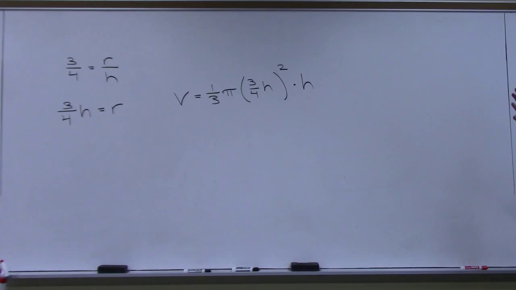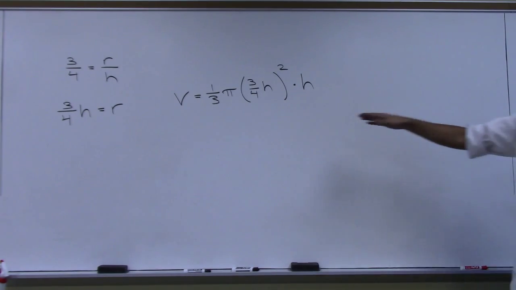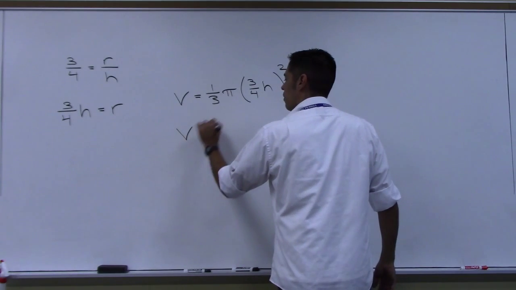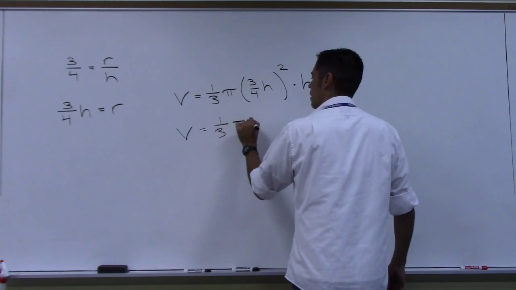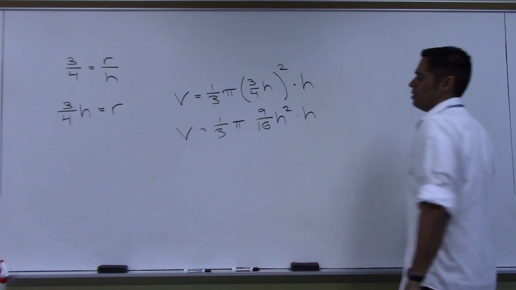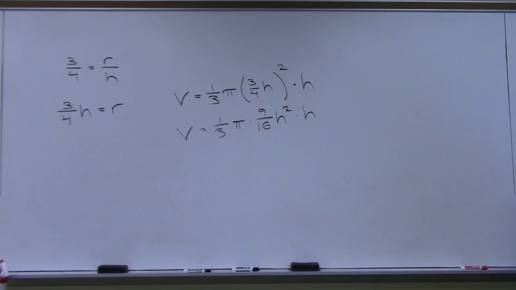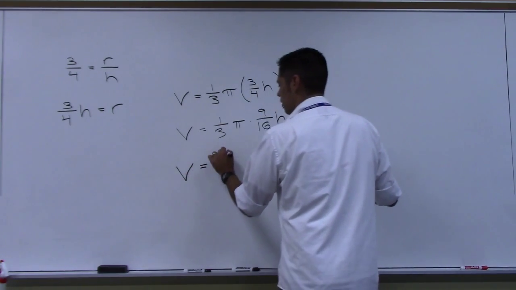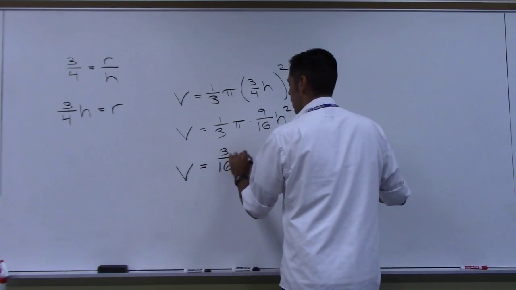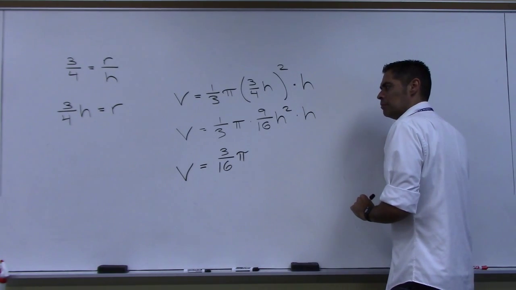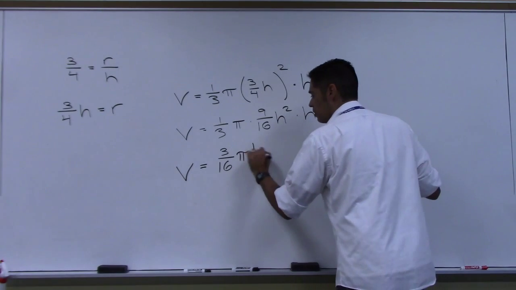But I'd definitely like to clean it up first. I'd like to square out this thing first. So volume is 1/3 pi times 9/16 h squared times h, which is volume equals 3/16 pi times what? H cubed.